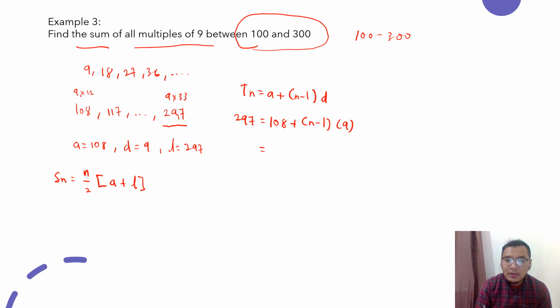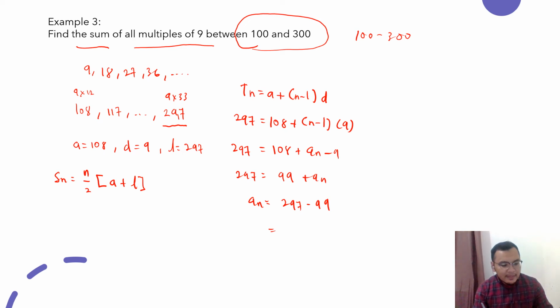Okay, so just solve it. 108, open the bracket, minus 9. So 297 equal to 108 minus 9 is 99. Okay, that's correct. Plus 9n, and 9n equal to 297 minus 99, and we can get how much? 297 minus 99.